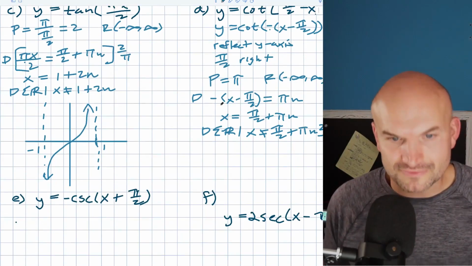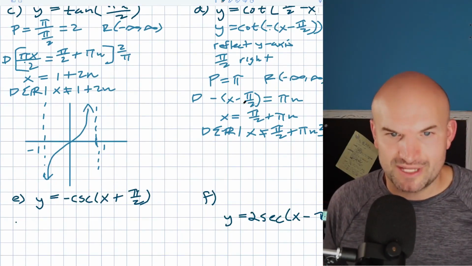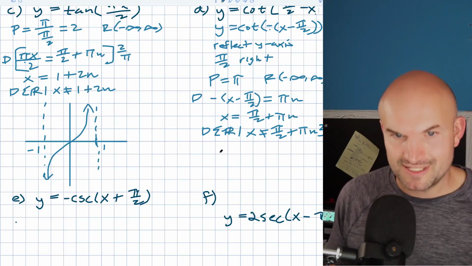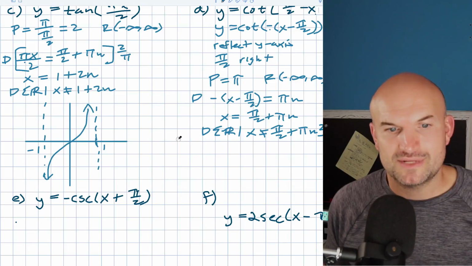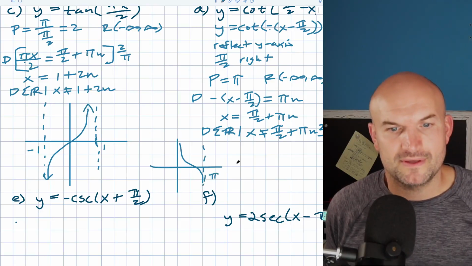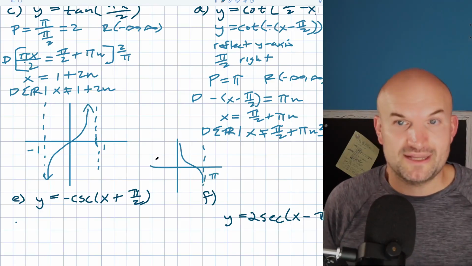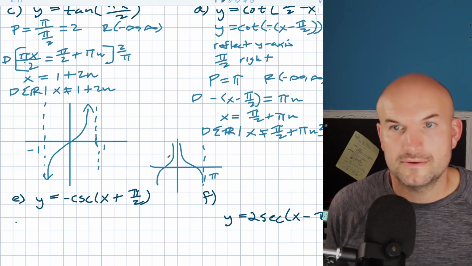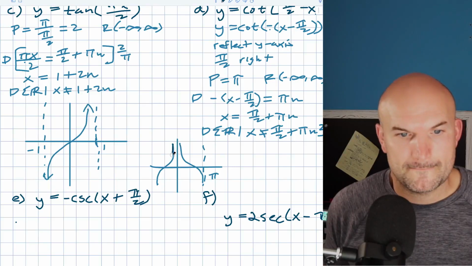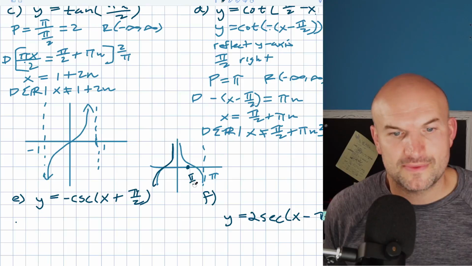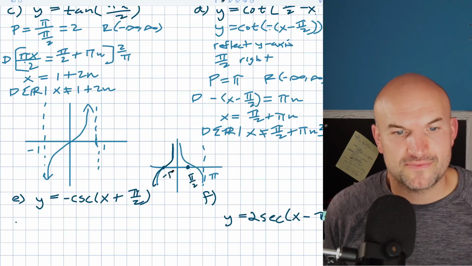Kind of interesting here. So let's see what this graph is going to look like. Basically, I'm going to take the cotangent graph and reflect it. Let me show you how this would work. Here's the cotangent graph, which looks something like this. There's pi. Now, if I take this graph and reflect it about the x-axis, it's going to look like this. This intercept here is at pi halves, and here is at negative pi halves.